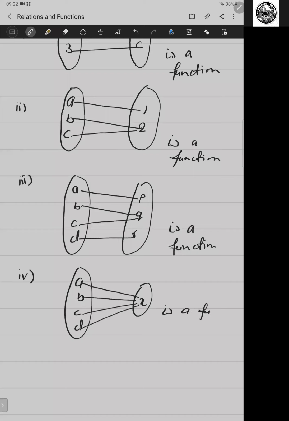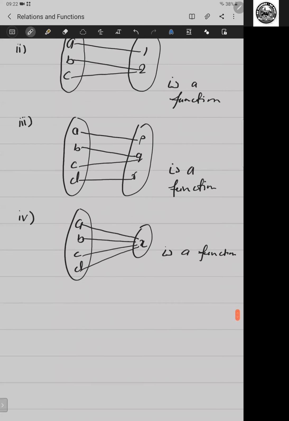It is a function. Now, one case I am showing you which is not a function.